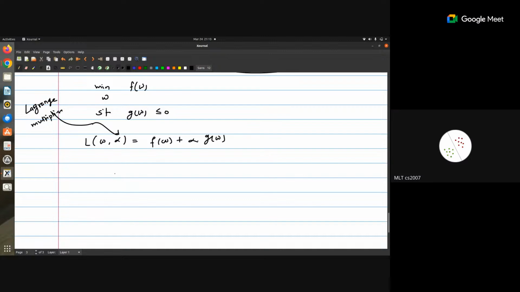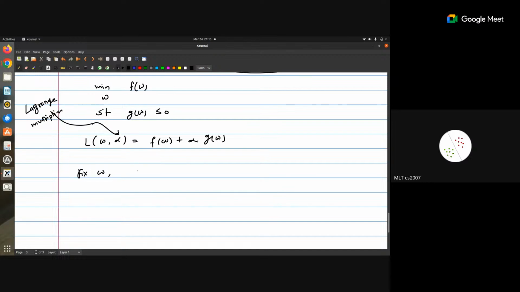Now we'll think about the first one. If I want to fix w, what do I mean by fix w? I'll choose some w and treat it as a constant, and try to solve for different alphas to get the solution to that problem.